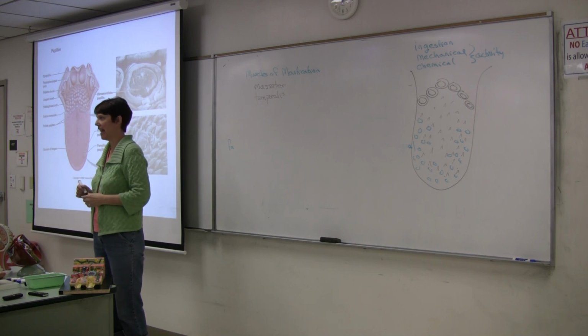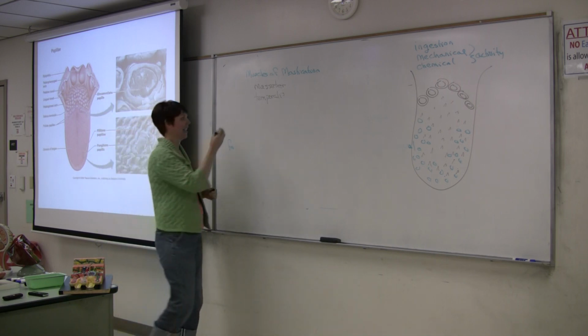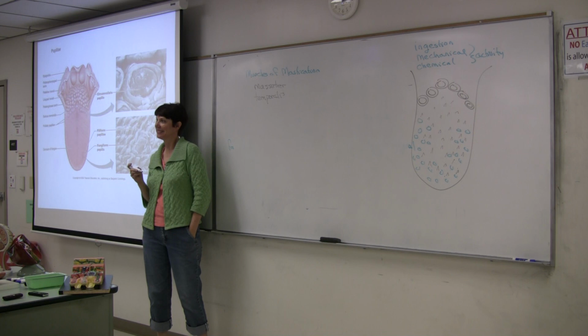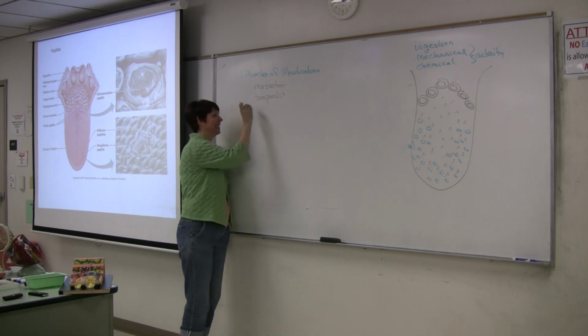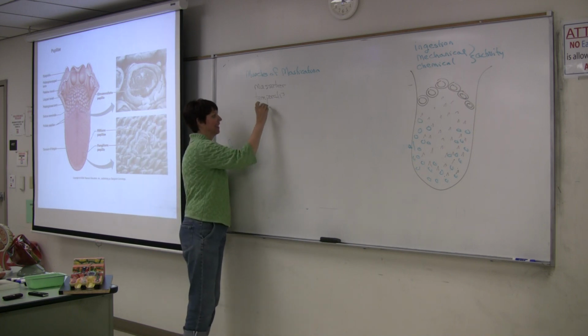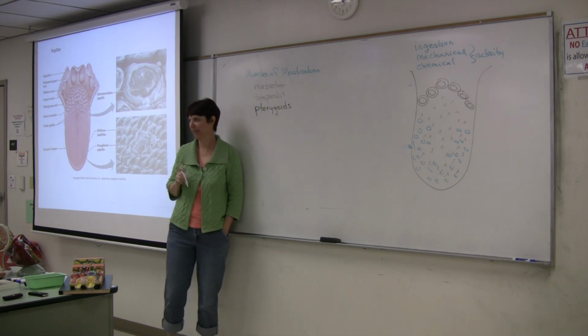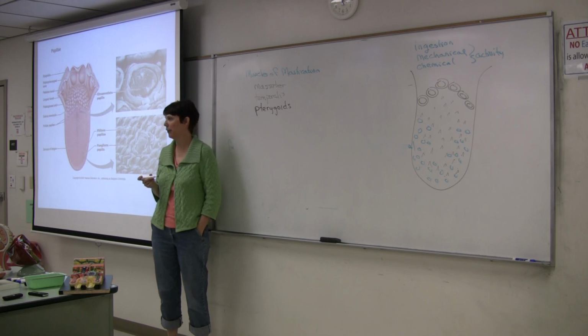The first letter is silent. Its name means wing. Pterygoids? There's medial and lateral, so that's where we get the four.